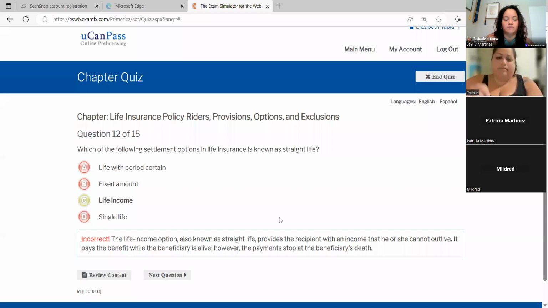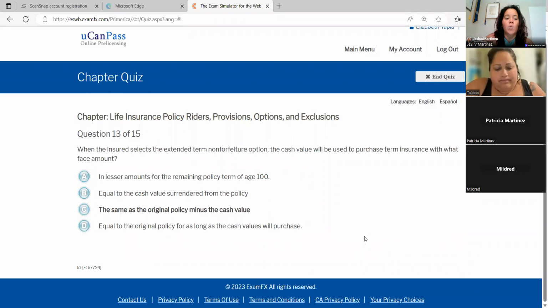Next question, 13. When the insured selects the extended term non-forfeiture option, the cash value will be used to purchase term insurance with what face amount? A, in lesser amounts for the remaining policy term of age 100. B, equal to the cash value surrendered from the policy.